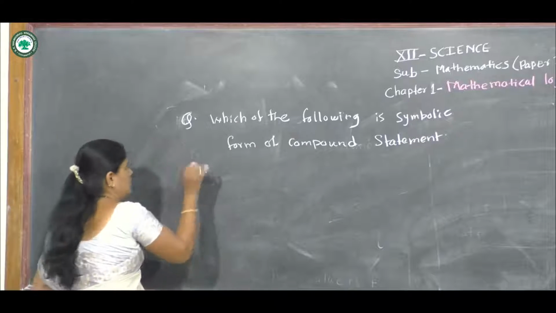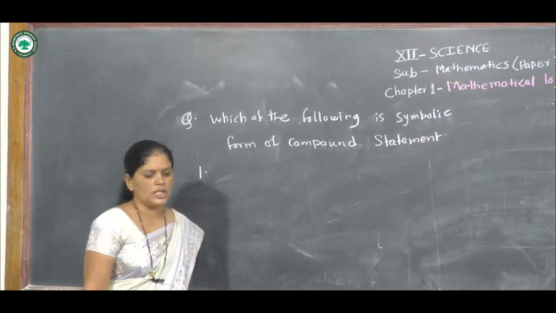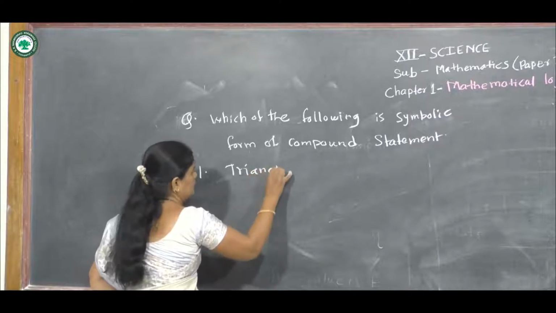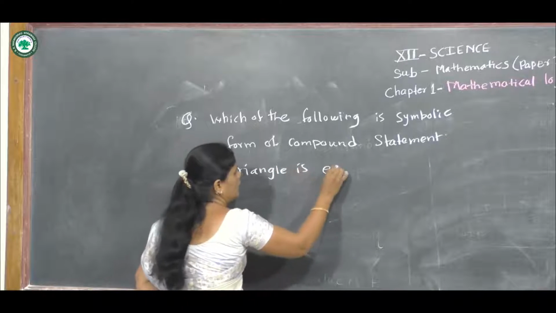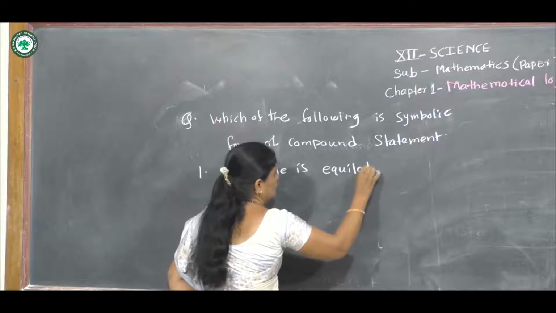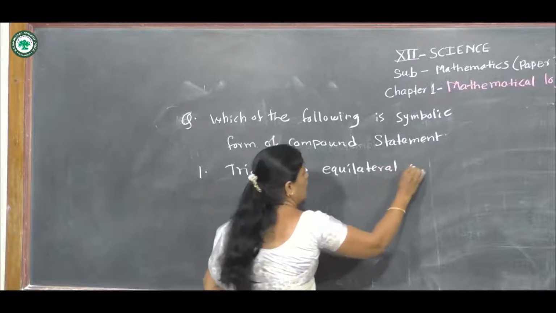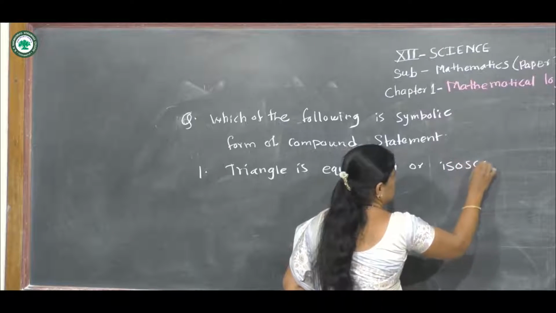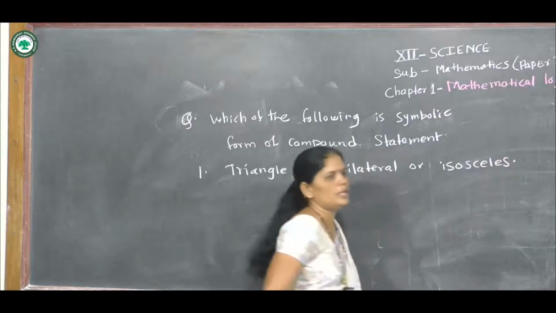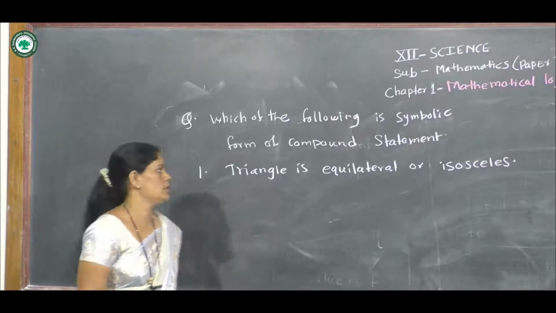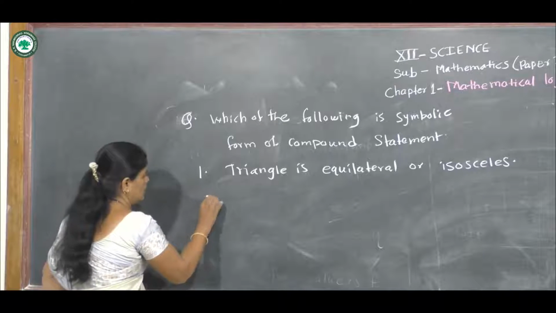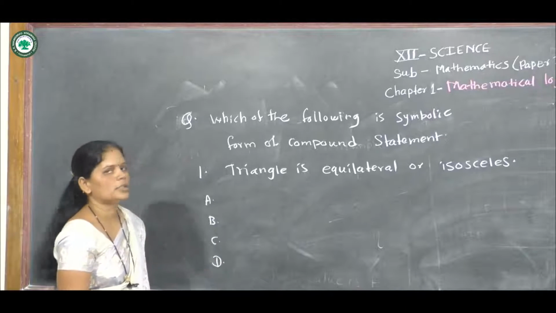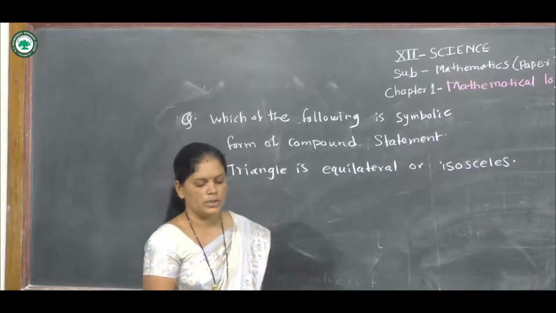First example: triangle is equilateral or isosceles. There are four options: A, B, C and D. These types of questions are asked in CET.